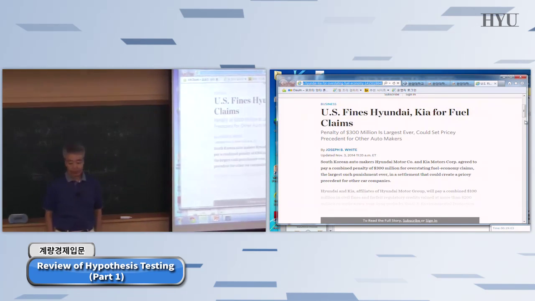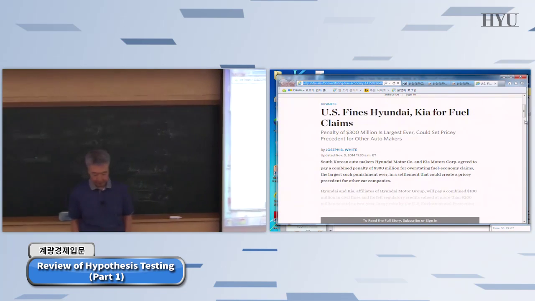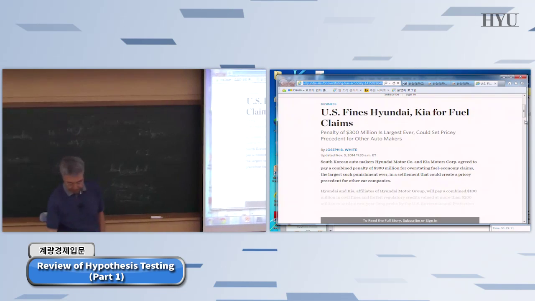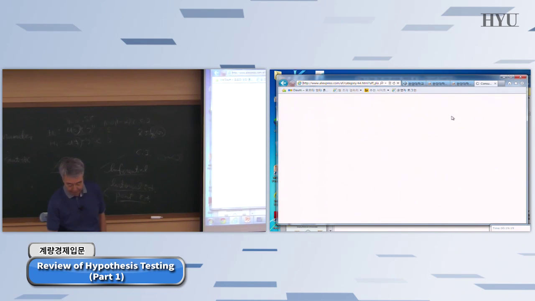So the U.S. government slapped a fine of $300 million on this company. Actually, Hyundai and Kia are one company, right? That's the story here.